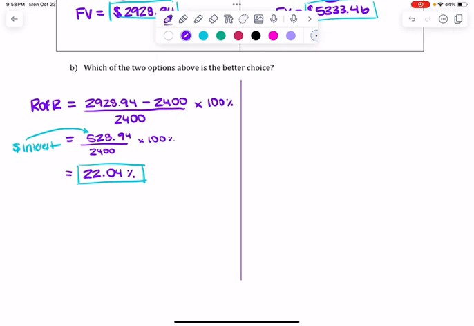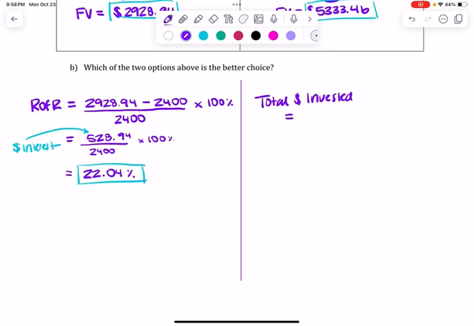All right, so for my second option, that rate of return is going to be a little bit more challenging to calculate because I don't have an obvious amount that I've invested so far. Now, I'm going to figure out that total dollar amount invested before I plug that value into my rate of return formula.